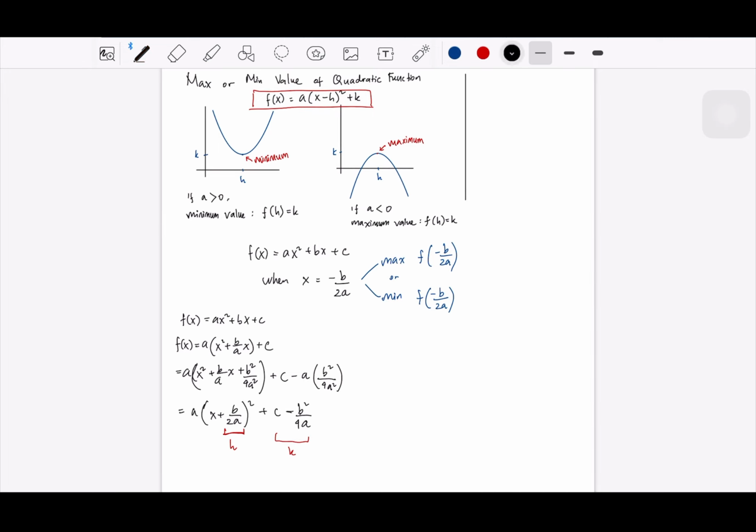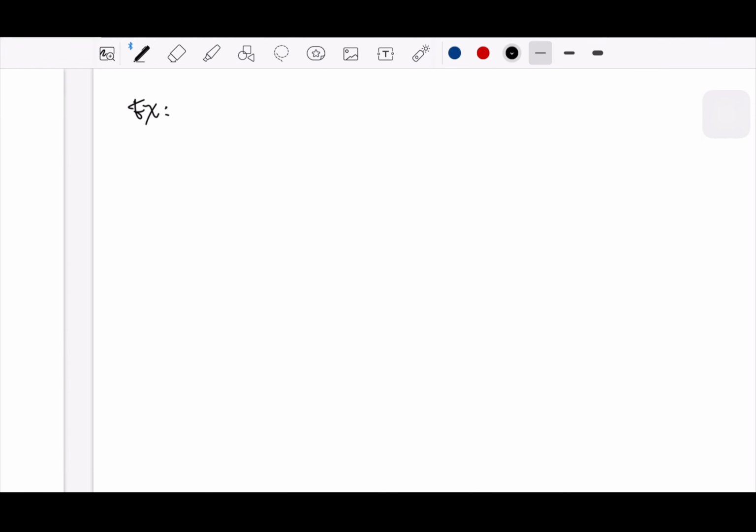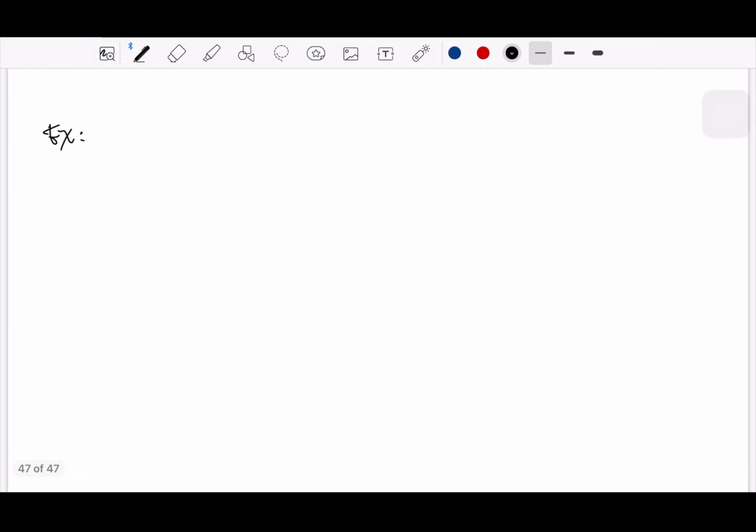Okay, now if we see the quadratic function, for example, negative x squared plus x plus 2, we could have at least two perspectives.